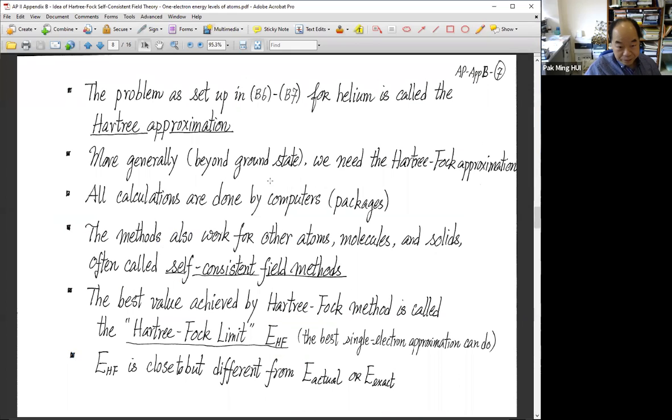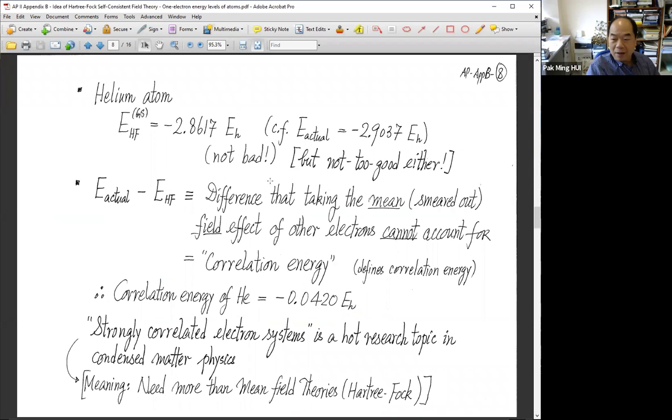Now, if one works out the best Hartree calculation, then the answer turns out to be that the ground state energy is minus 2.86 Hartree. There is a so-called exact or accurate value to compare with. This is minus 2.9 Hartree.